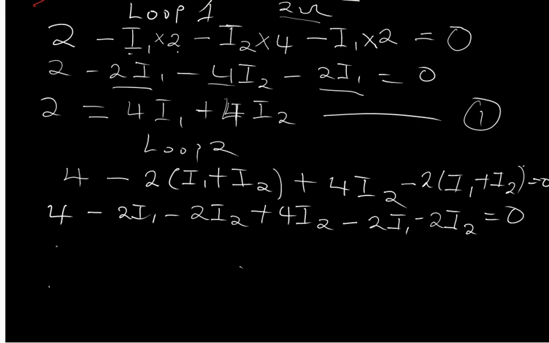So collecting like terms together, minus 2I1 minus 2I1, that's minus 4I1. Then minus 2I2 plus 4I2 minus 2I2 gives 0.